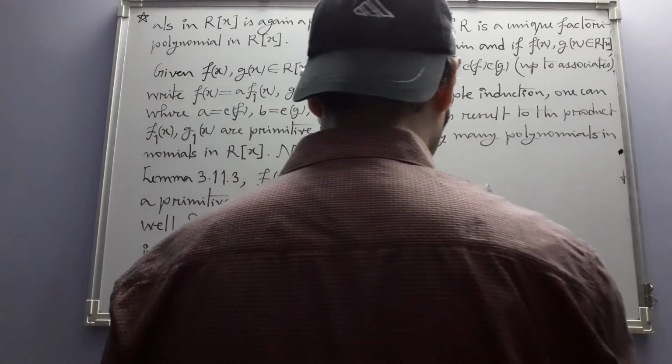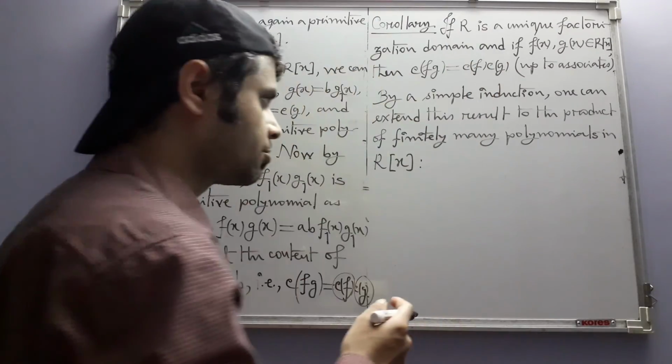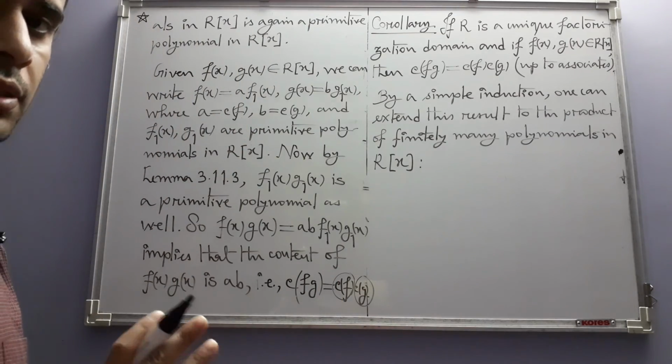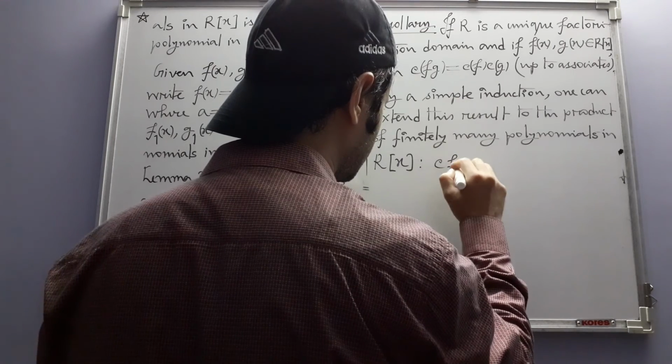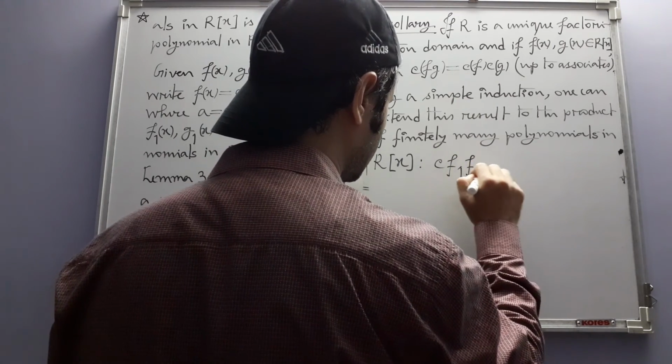That is, if say f1, f2, f3 up to fn are polynomials in R[x], then you have this.